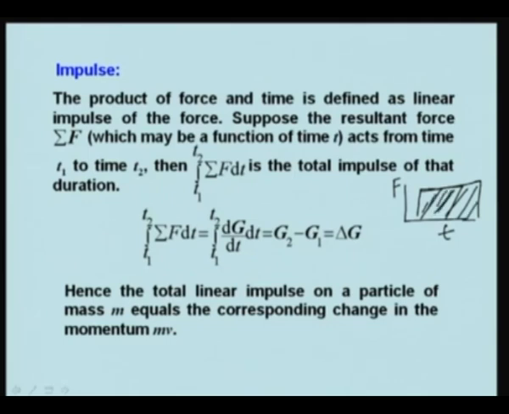Now, the integral from t1 to t2 of sigma F dt can be written as the integral from t1 to t2 of dG by dt, by Newton's second law, into dt, which gives you dG, that means G2 minus G1, or delta G. Hence, the total linear impulse on a particle of mass m equals the corresponding change in the momentum, that is mv.